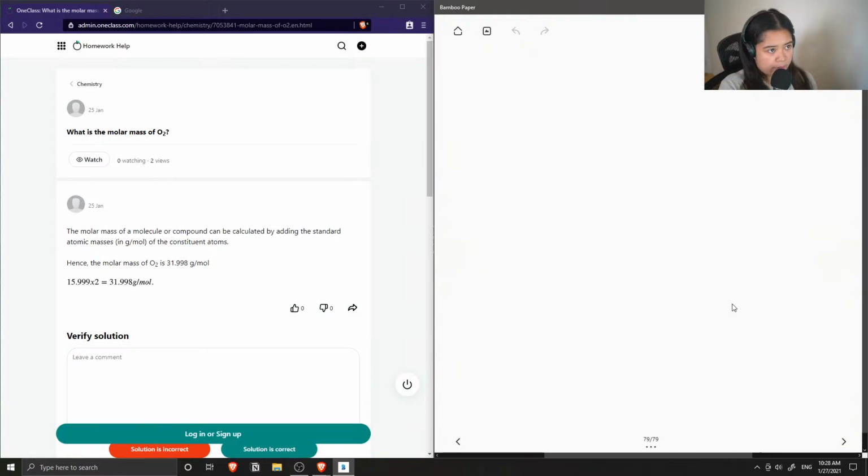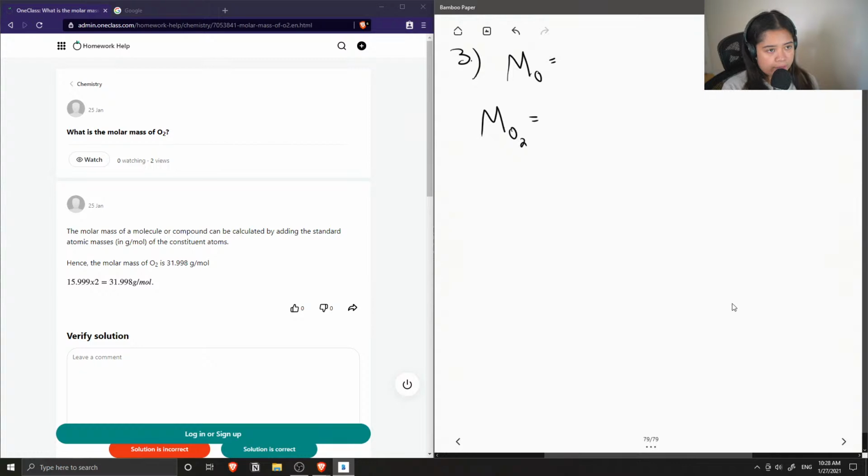Okay, so question number 3 just asks, what is the molar mass of diatomic oxygen? Okay, so this is fairly easy as well. We just need to look at our periodic table and find out the molar mass of a singular oxygen atom.